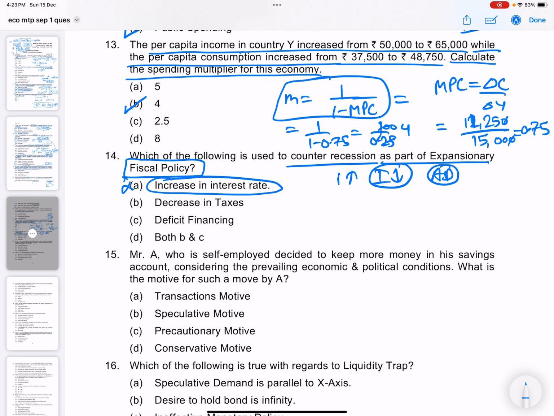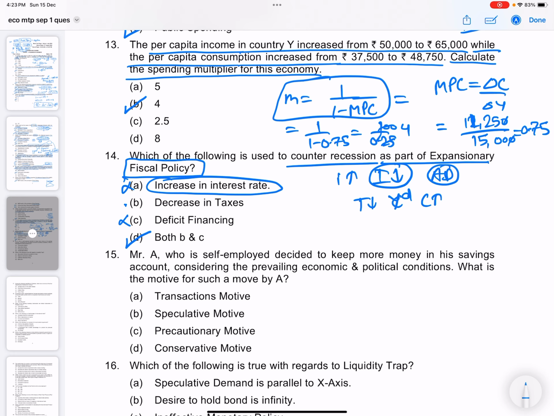Now if the taxes are reduced, the disposable income of the consumer increases, YD increases, and so consumption also increases. So this is right. And now C cannot be the only answer, because B is correct, so it is B or both B and C. Now deficit financing. Deficit financing is also a measure to increase the aggregate demand. So we would have D.